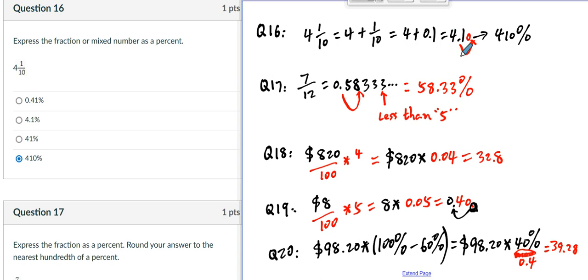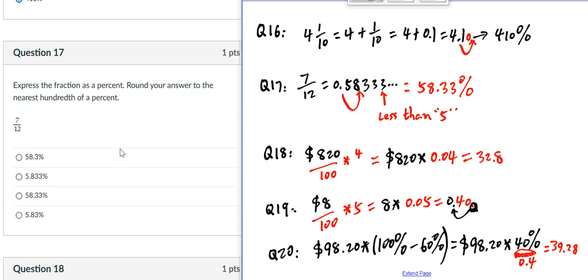And we change 4.1 to a percentage. That will be moving the decimal point 2 digits to the right, so it's going to be 410 percent. So the answer would be this one.